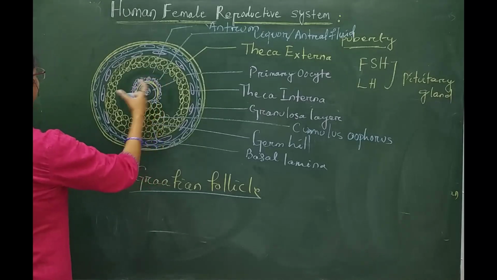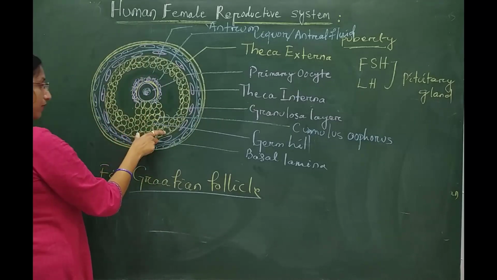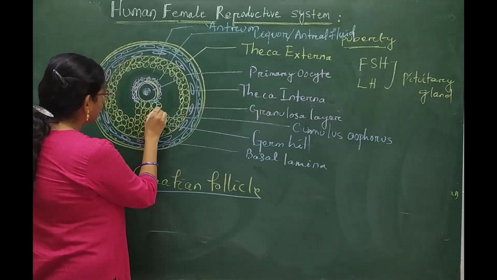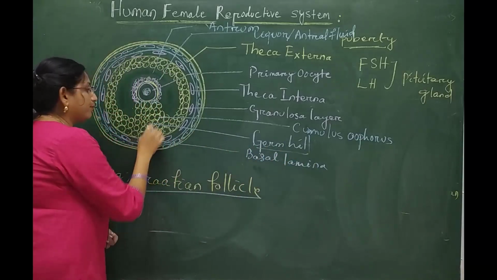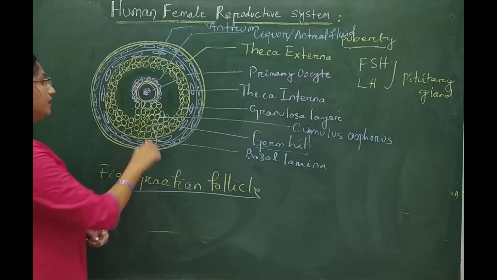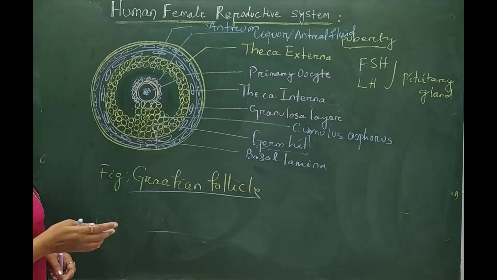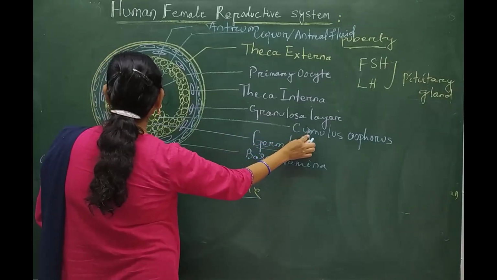This primary follicle gets attached to the granulosa layer with the help of a particular hill-like structure called the germ hill. The mass of granulosa cells in this follicle makes a hill-like structure called the germ hill, and this germ hill projects into the central part of the Graafian follicle and touches the exterior wall of the primary oocyte, known as the cumulus oophorus.